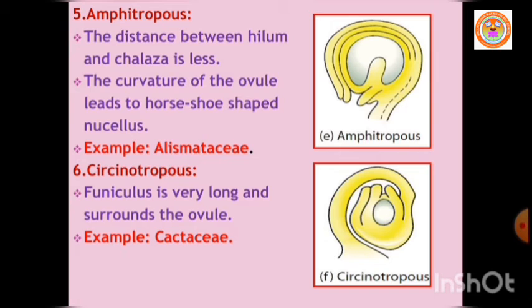That means it is closer. The curvature of the ovule leads to the formation of a horseshoe-shaped nucellus. So nucellar tissue becomes horseshoe-shaped, more or less like the English alphabet C, which is found in Alismataceae.